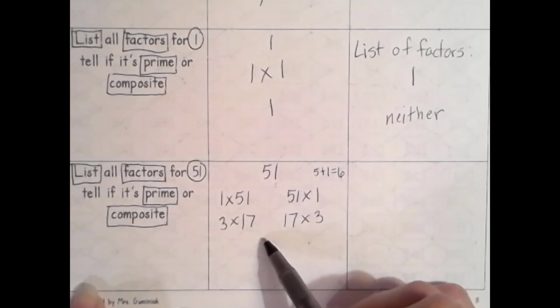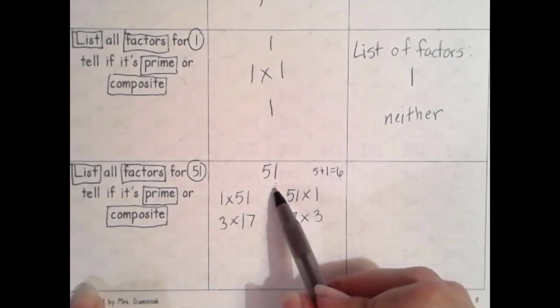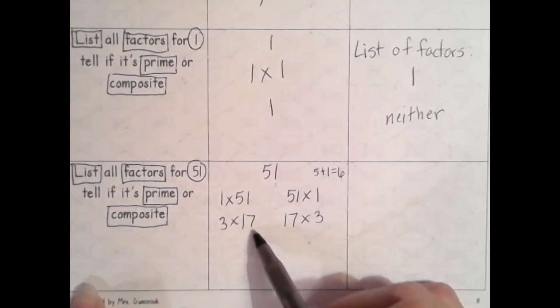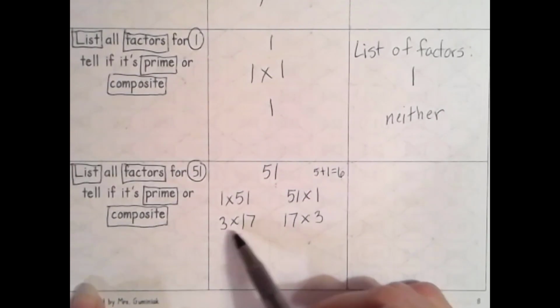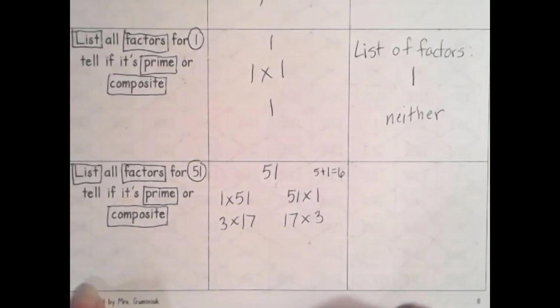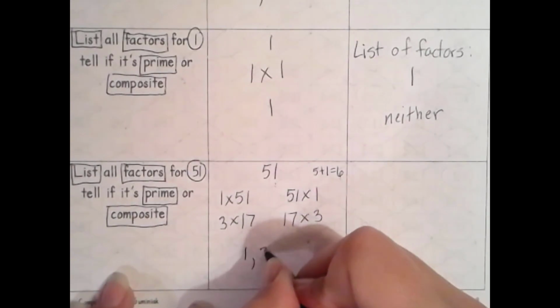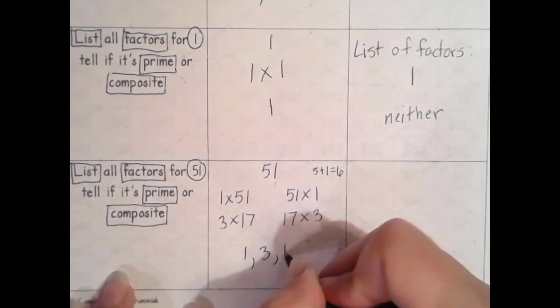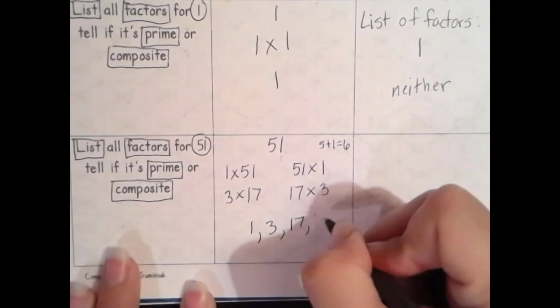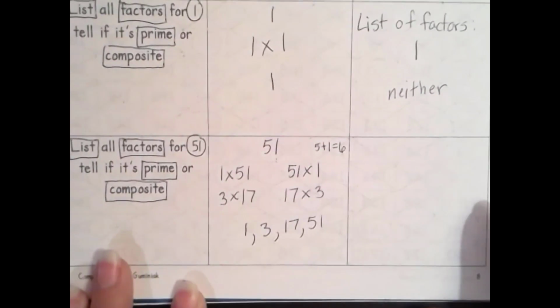We try 15. 15, 30, 45, 60. Oh, that's already way past there. And then we get to 17, because we only have to check the factors between these two. So we're done. Let's list them from least to greatest. 1, 3, 17, 51.